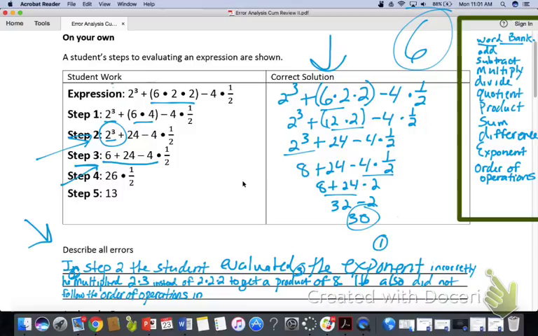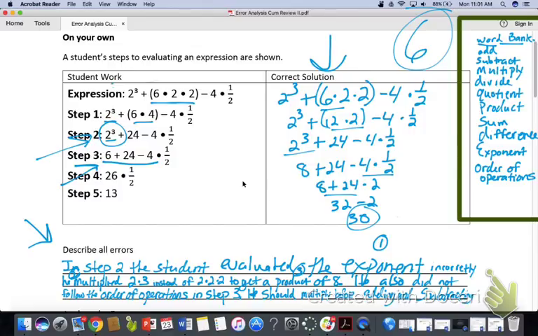They want vocabulary words, so PEMDAS is not one, and they did that in step 3. He should have, you should multiply before adding and subtracting. And if you look right there, here we go.